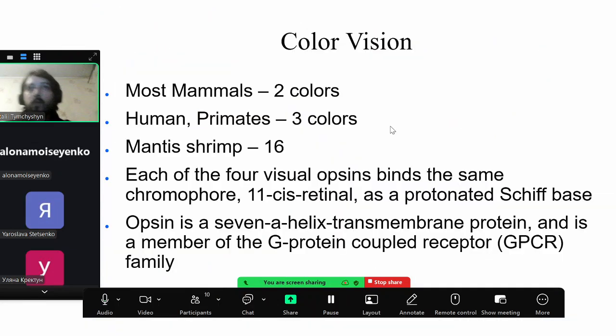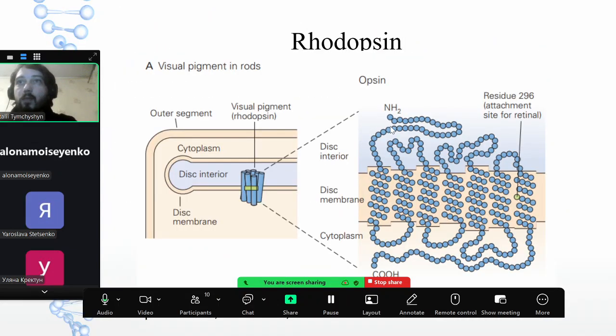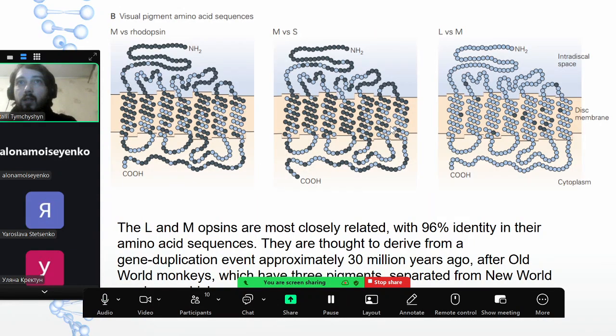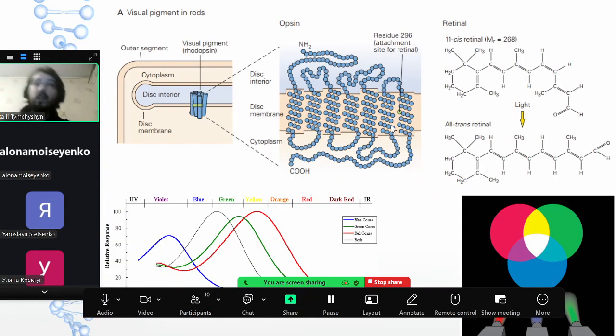Now a very, very interesting question. The retinal is the same in rods and in different cones, but they have pretty different absorption spectra.